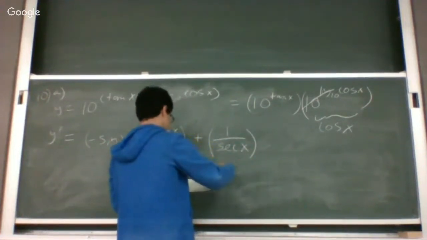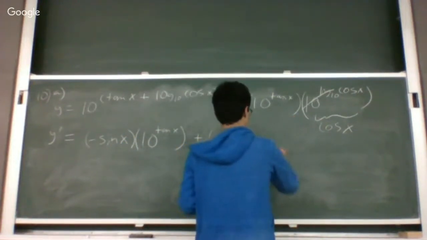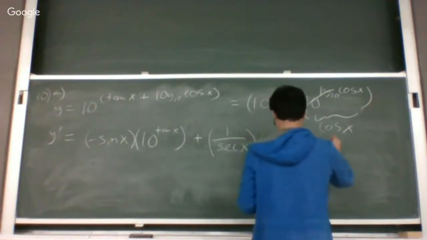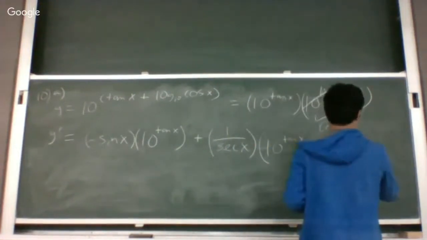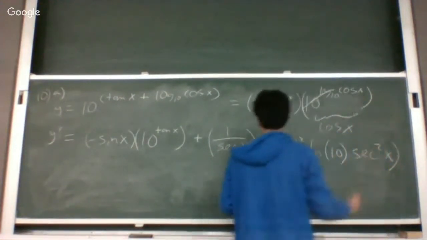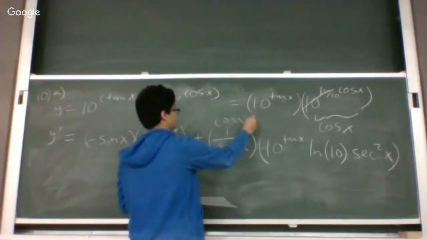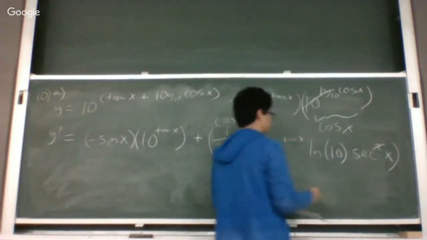That matters because when we take the derivative of 10 to the tangent of x, we have 10 to the tangent of x, natural log of 10, times secant squared of x. That's why I wrote cosine of x this way, because the secant squared can be simplified.